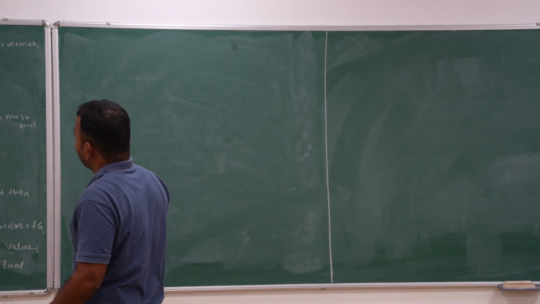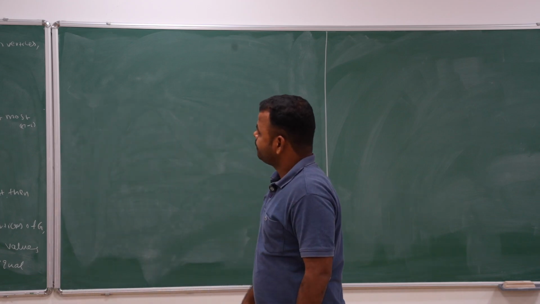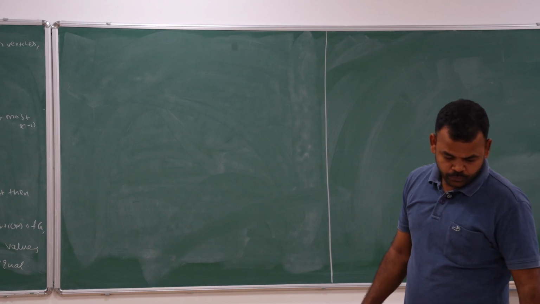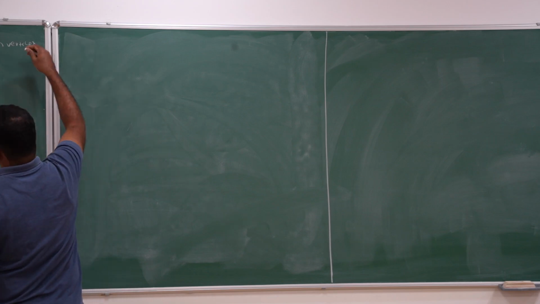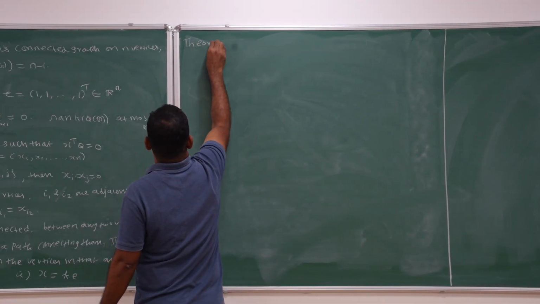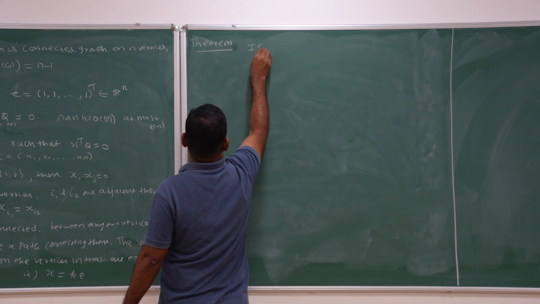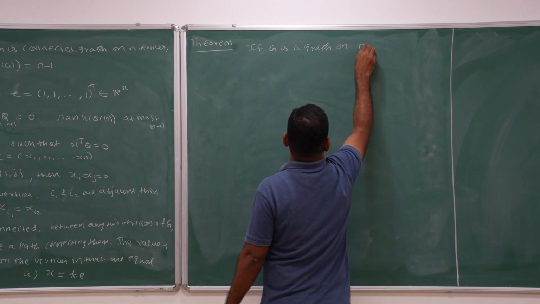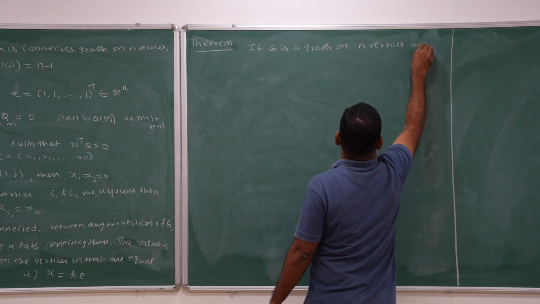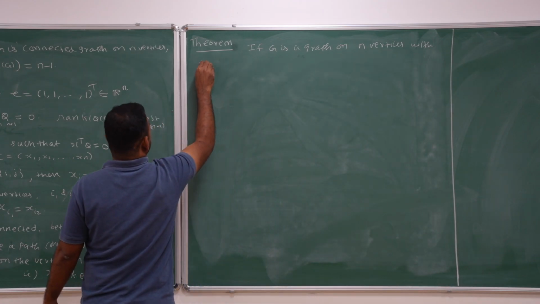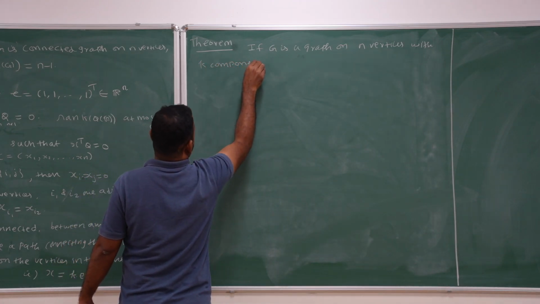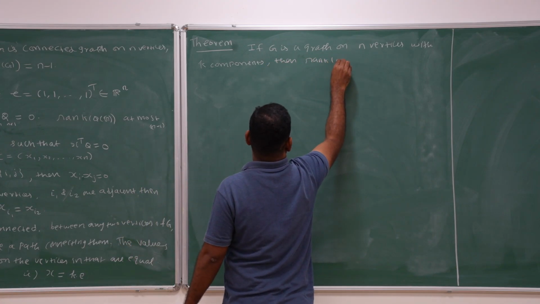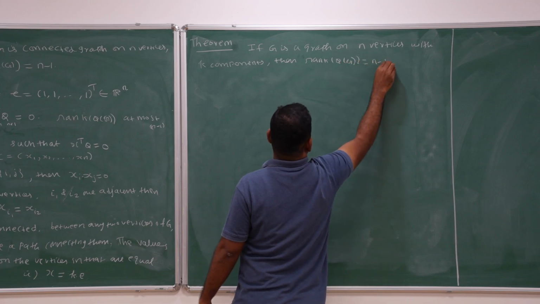So in fact something more can be said. If it is a graph on n vertices, if it has k components, okay, so maybe you can use the same argument to show that if G is a graph on n vertices with k components, then rank of Q of G is n minus k.